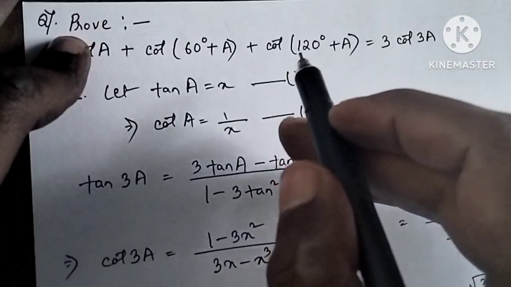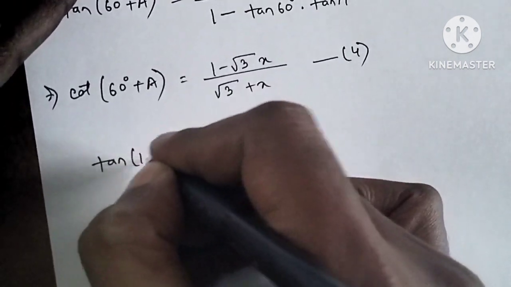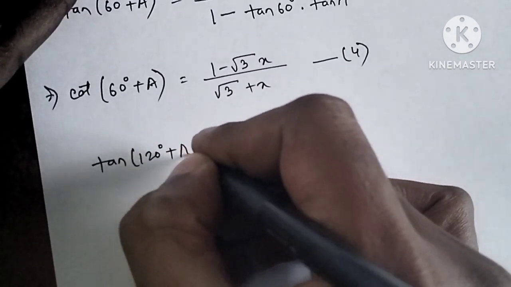Now we will try to find tan (120 degree plus A).